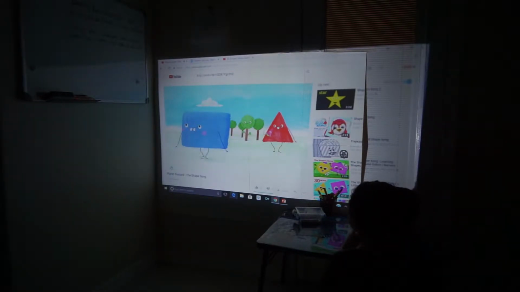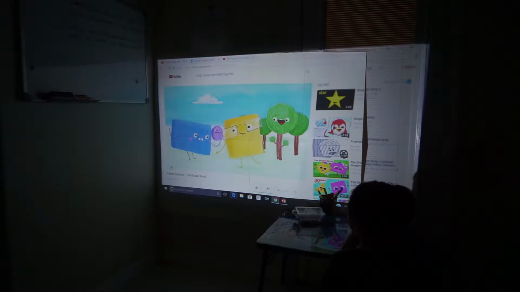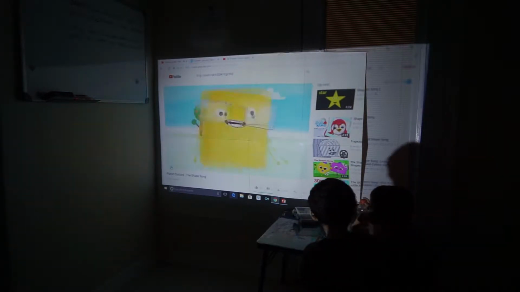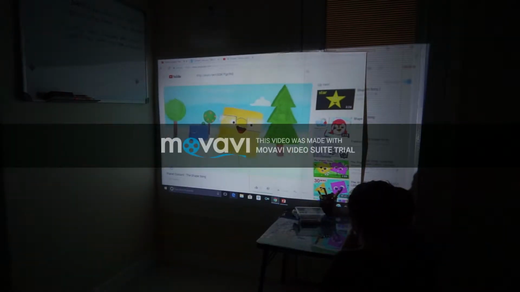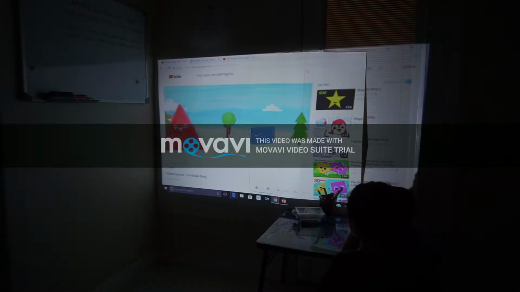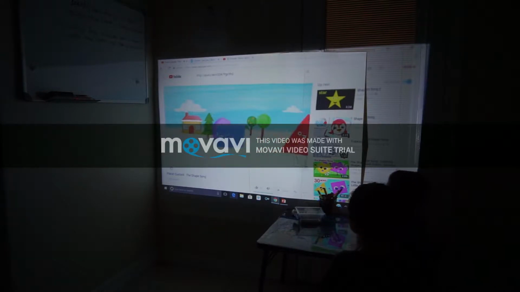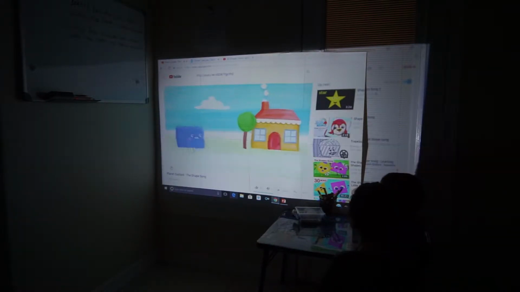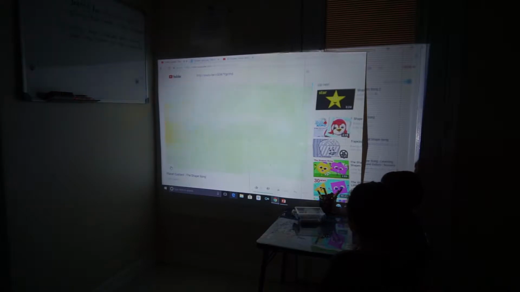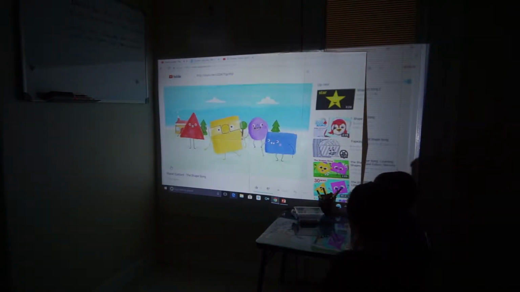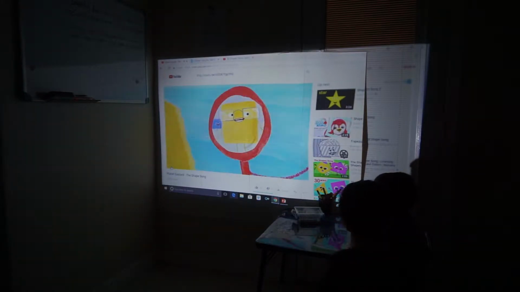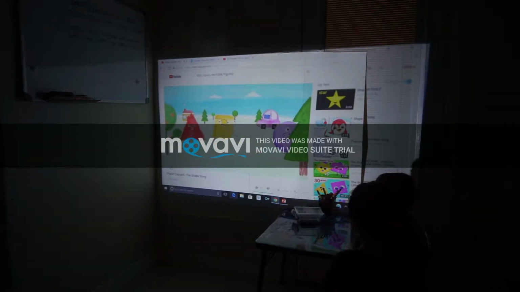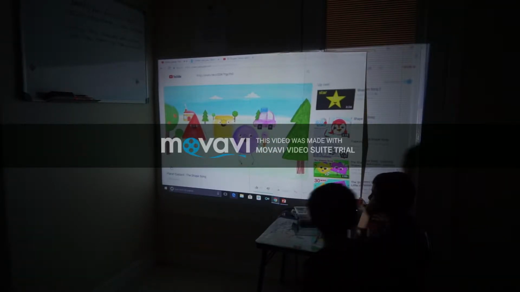Circle, triangle, rectangle, square. Where? There. Oh yeah. Shapes everywhere. The shapes in everything we see. The square has 4 sides, triangle has 3. The circle, triangle, rectangle, square. Where? There. Oh yeah. Shapes everywhere. Shapes are shapes everywhere. Shapes are shapes everywhere.